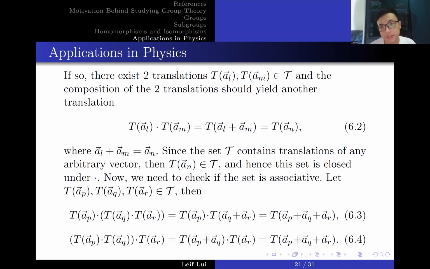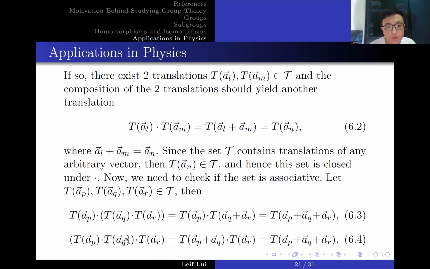Now we need to check associativity, and this is quite simple. Let's consider a_p, a_q, and a_r, the translation operators of them, and we compose each one. Basically, we find that for T(a_q) · T(a_r), we add their arguments together, and then we add the final argument.